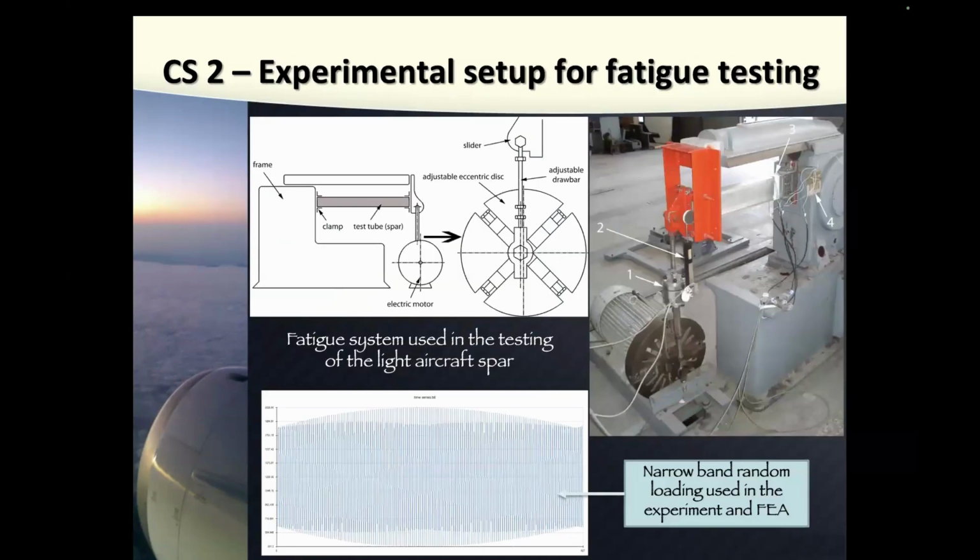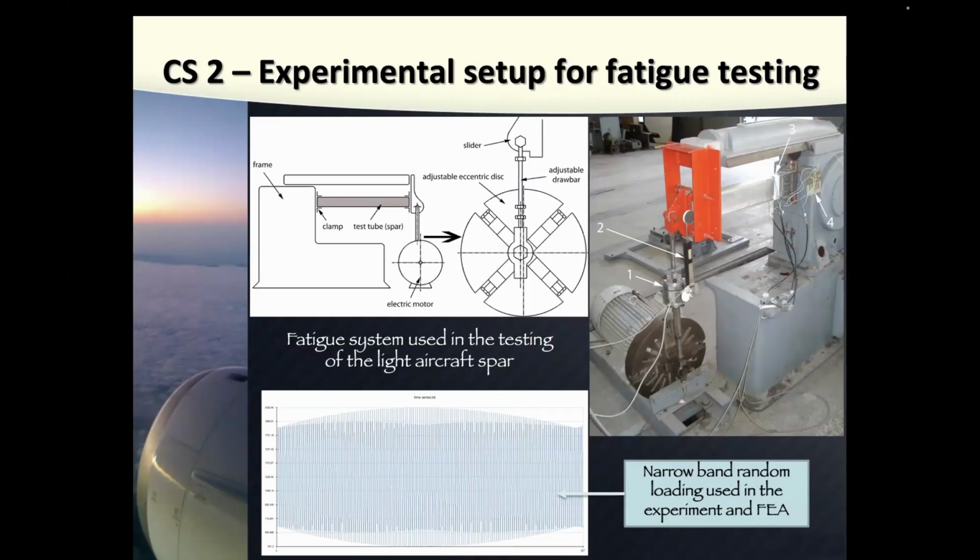So this is our experimental setup that we used in our study. Okay, I'm not going to describe in detail what we did here, but basically the spar is here. I hope that you can see it. Using this adjustable drawbar, we applied displacement at the 3 ends of the spar, okay?